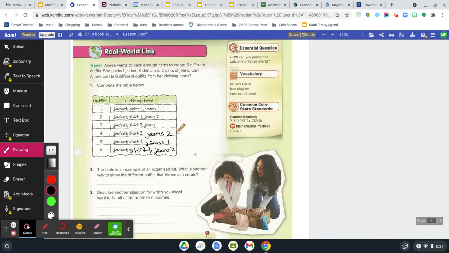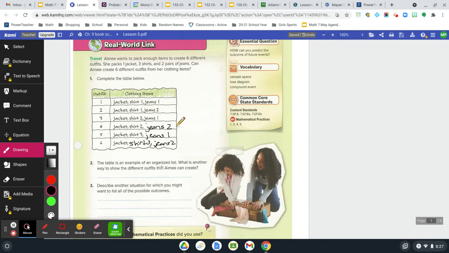So number 2 says the table is an example of an organized list. What is another way to show the different outfits that Amy can create? So absolutely, right? In this table, you were able to see how many outfits and you were able to list everything that she's packing. And so that's just organizing yourself and how many outfits you can come up with. So what we're going to learn about is tree diagrams.